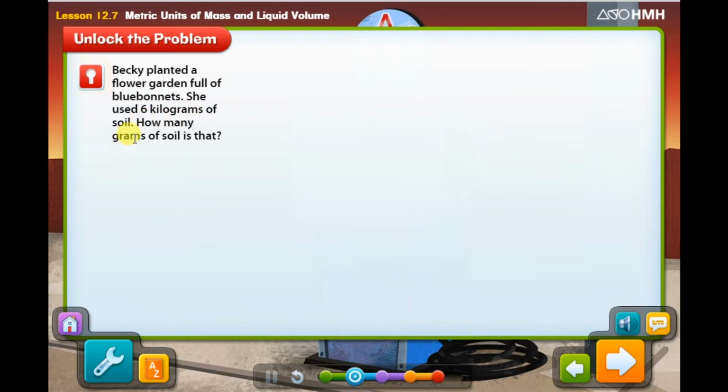How many grams of soil is that? So she wants to convert from kilograms to grams. Let's see what multiplication or division sentence we're gonna use to convert between the two units. To solve this problem, you'll compare grams and kilograms.